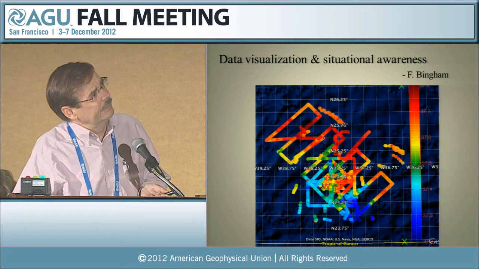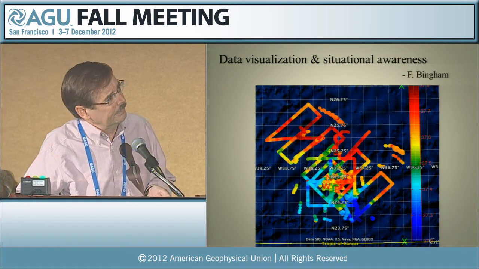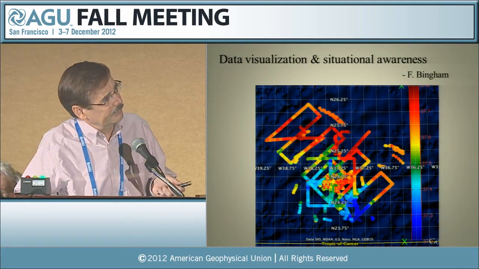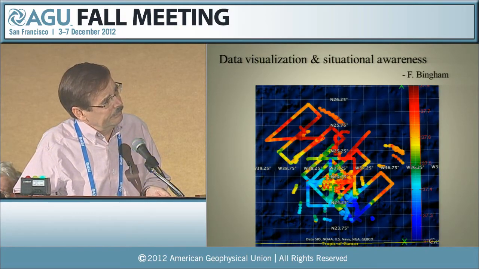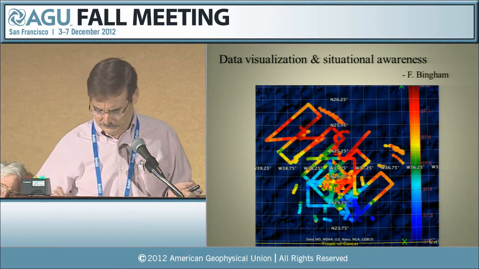So here's an SSF map from one. Well, that covers a fair bit of time, but we deployed the moorings in this area and surveyed there for a while, and then we found that our highest salinity patch was moving to the north, and we followed it north and surveyed it up there.